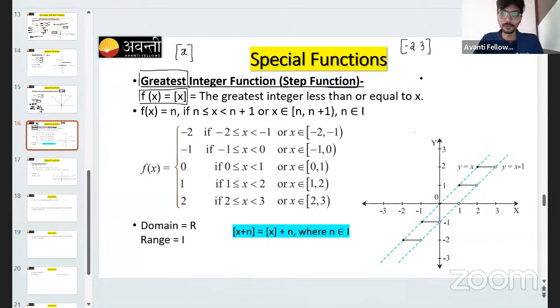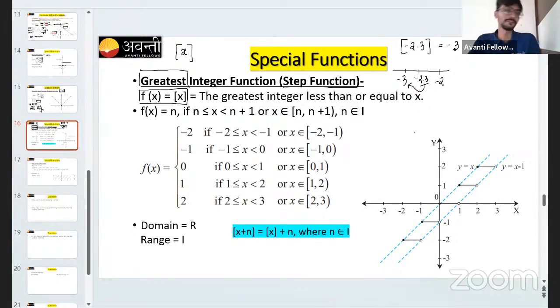We plot minus 2.3 on the number line. Now we are on the negative side. So don't forget, the number on the left side will be minus 3, and on the right side it will be minus 2. The greatest integer less than or equal to my input is minus 3. So my output will be minus 3.